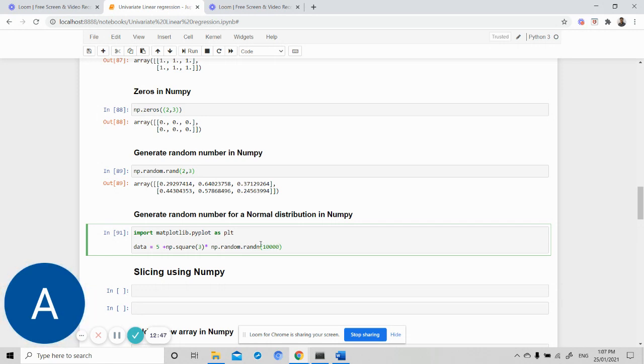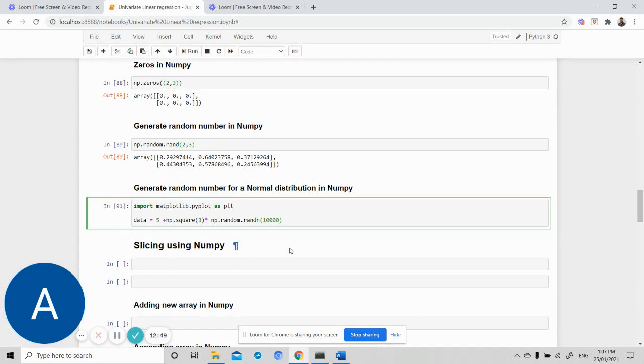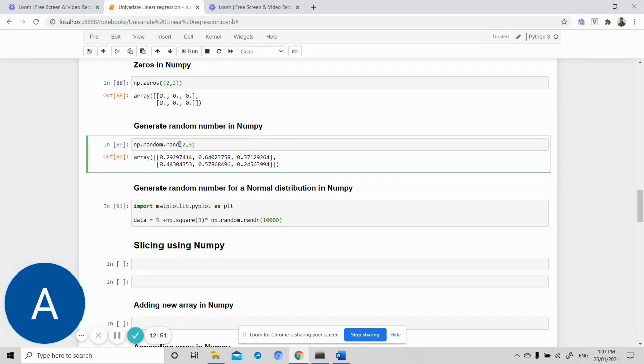Suppose we keep 10,000 samples, which gives me a random normal distribution.